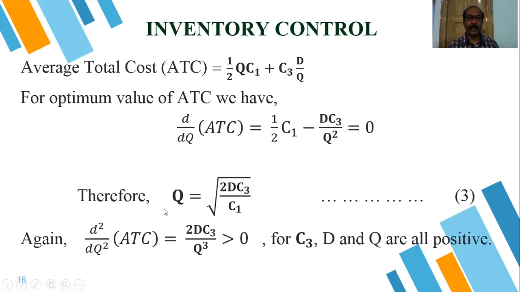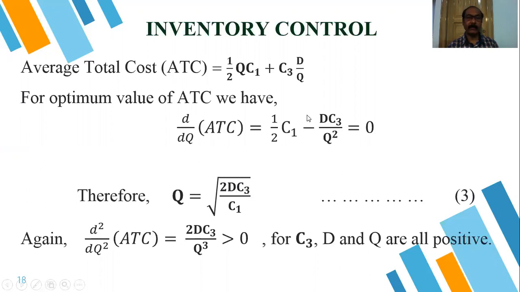Therefore, we will get Q equal to square root of twice D C3 by C1. We are taking here the positive value. You can ask, why not the negative? Because this is the physical quantity Q. That's why it cannot be negative, and this is the positive value we are considering, square root of twice D C3 by C1. And we are calling it relation C3.